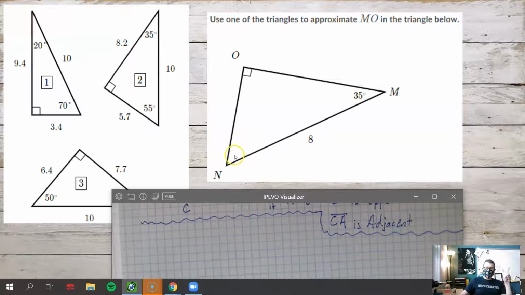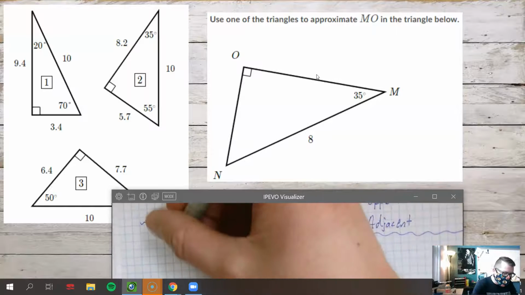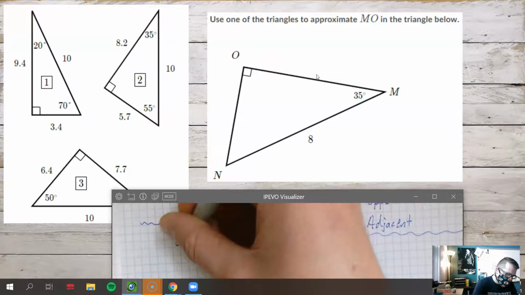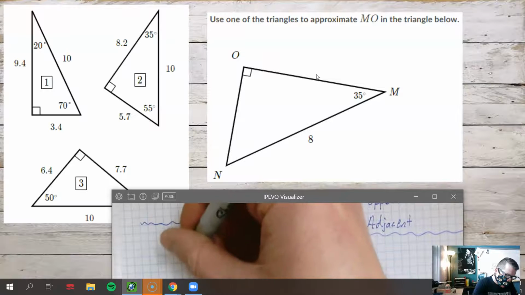So hinge theorem tells us, well, if this is the larger angle, MO is the larger side. So I'm going to write down the comparison of the long leg to the hypotenuse, which if we did unit circle would be 0.82 to 1.